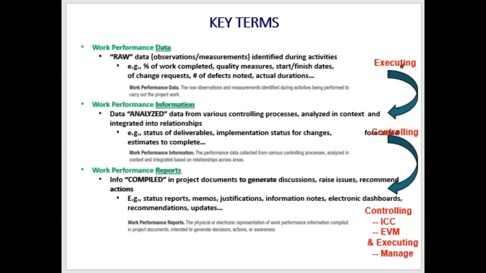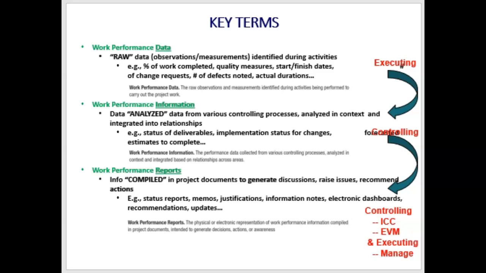Because what it says is work performance information, I've analyzed the data. What it says is I've looked at my plan and I've looked at my data and I've analyzed the two. And then the final one is work performance reports. These are your data that's been analyzed, compiled into some one-page report that you could pass to your boss or other stakeholders and get their insights. They don't have to read all the data or analyze it themselves.